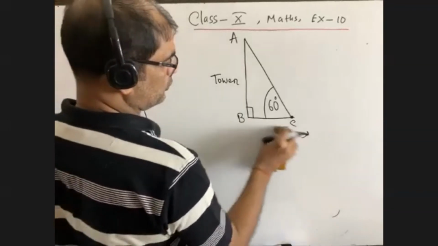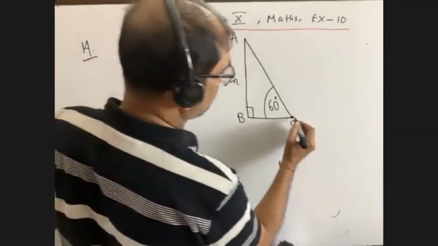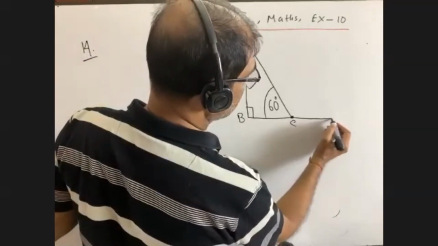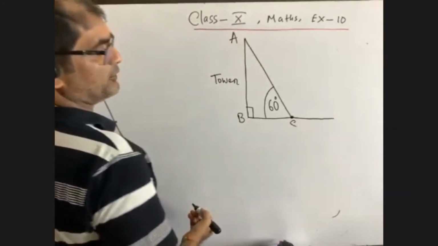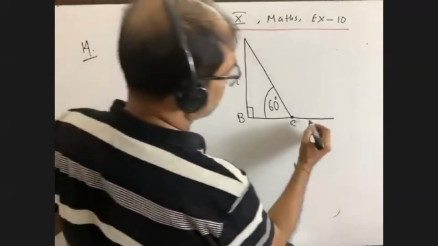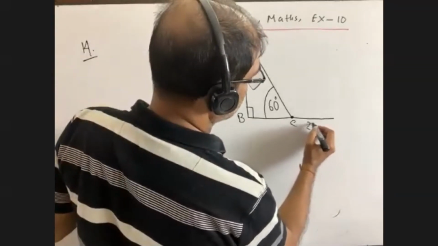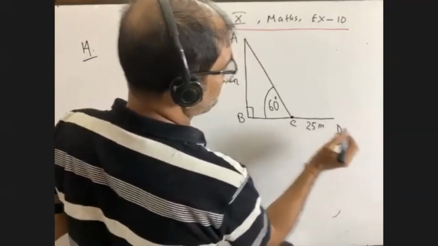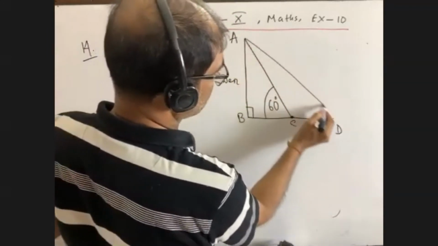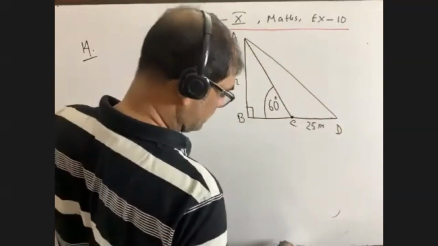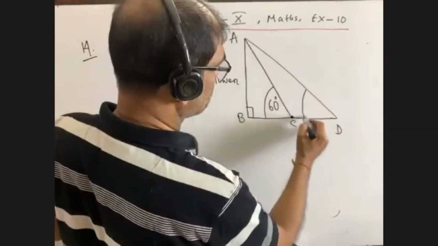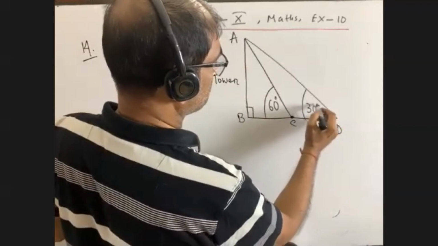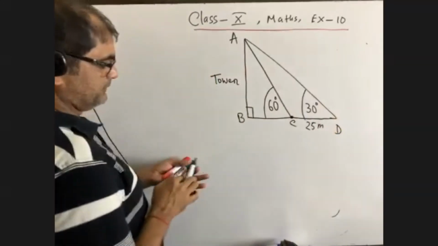So it is told in the question, if 25 meters is moved in the backward direction, that means 25 meters, and it is point D. Then the angle formed here is 30 degrees.